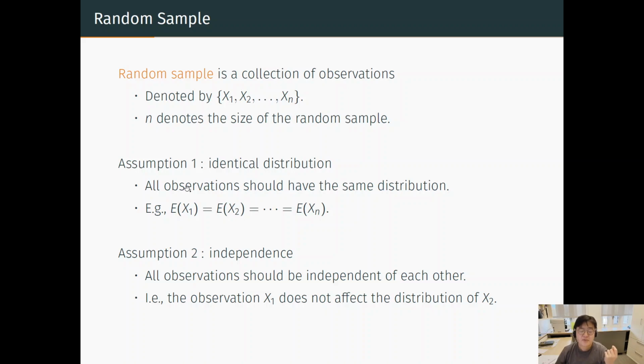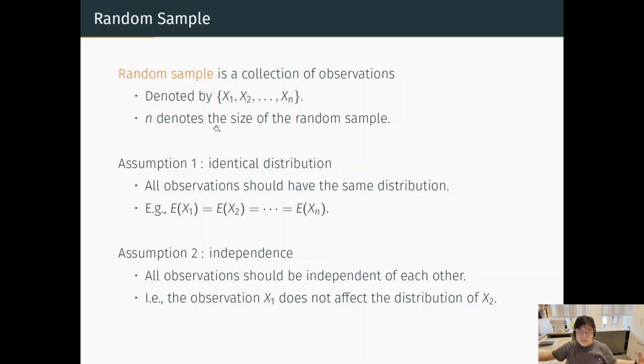So let me set up the framework. We call the random sample a collection of observations, which is standard, and usually it's denoted by x subscript 1, x subscript 2, up to x subscript n. So you repeat the experiment n times, then you observe n observations. Here, as before, lowercase n or uppercase N stands for the size of the random sample.